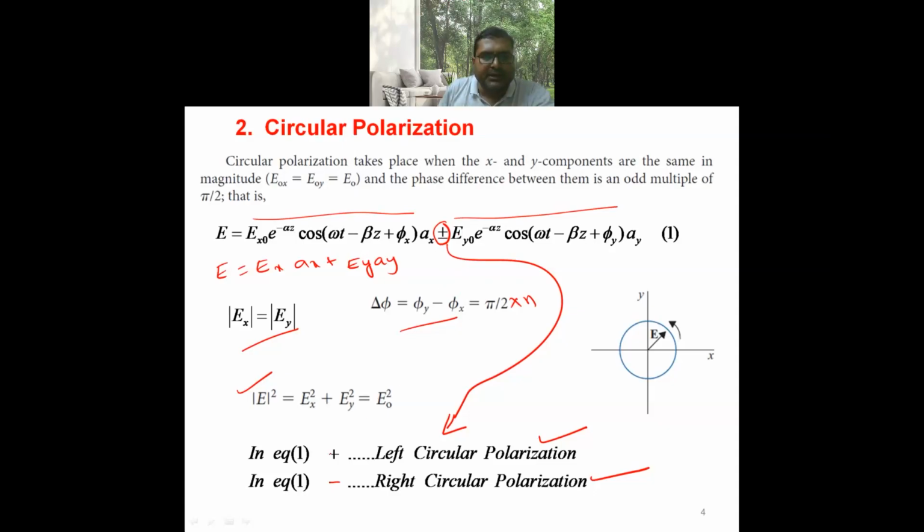I repeat, plus symbol for left circular polarization and minus symbol for right circular polarization. In circular polarization, the tip of the electric field traces a circle.